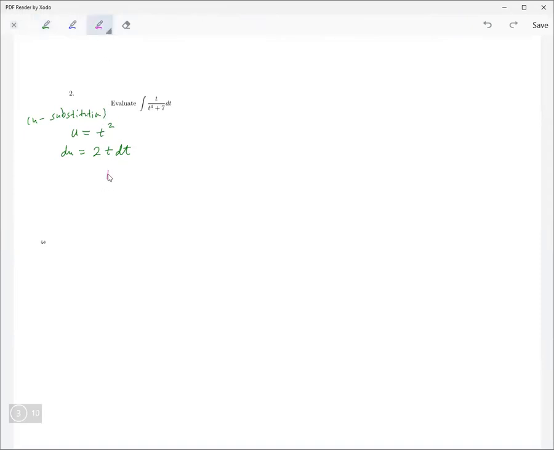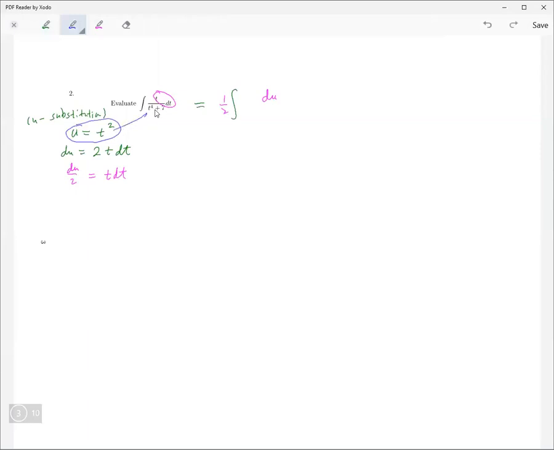So that means that t dt is equal to du over 2. So all this right here turns into du over 2. I'll put the 1/2 out there. So du over 2, and then u is t squared.